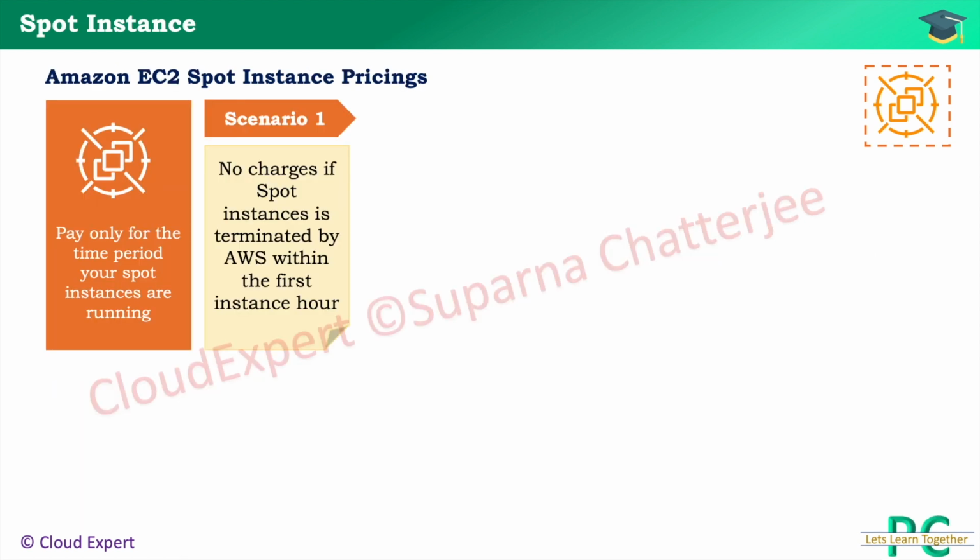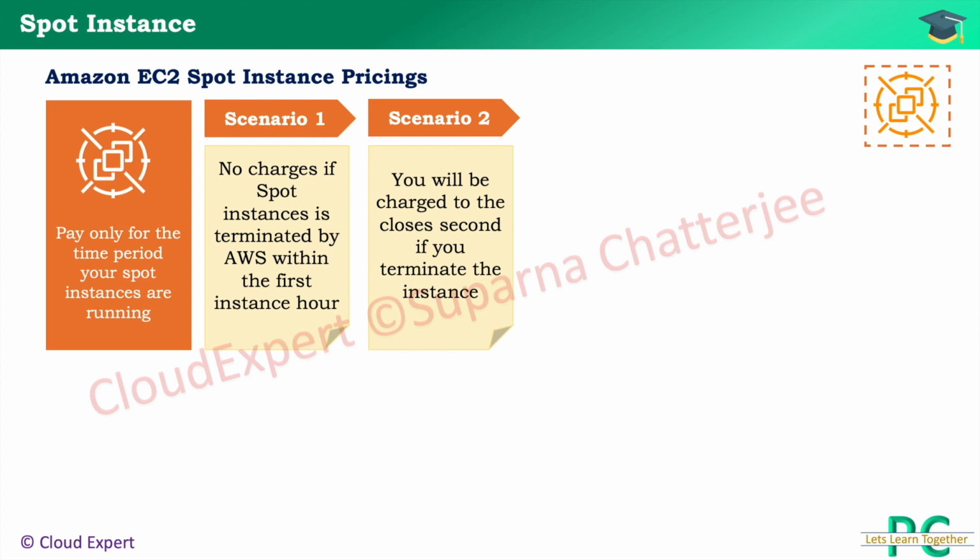Now let's understand different pricing scenarios for EC2 spot and how much you are liable to pay. If AWS stops or terminates your instance in the first instance hour, then you are not going to pay. Scenario 2, if you stop or terminate the instance, then you will be charged close to the second for Linux or close to the hour for Windows.